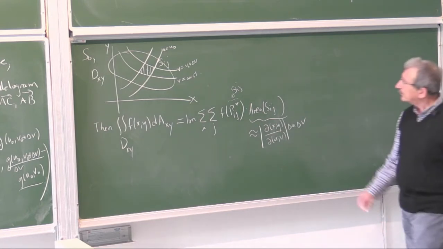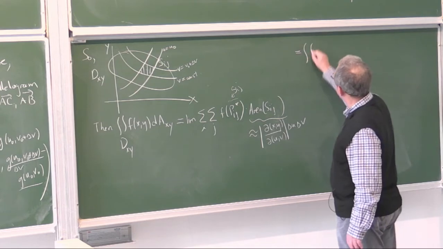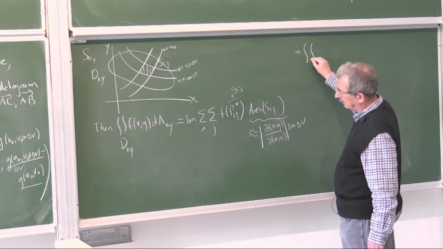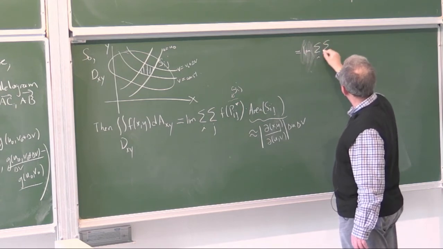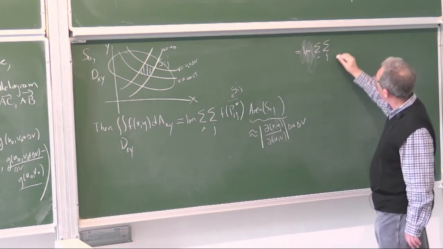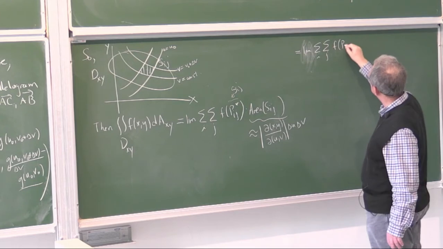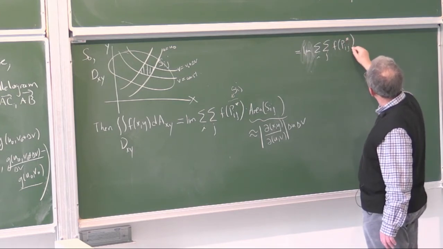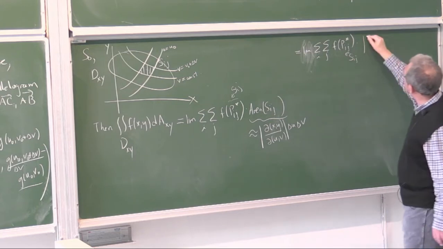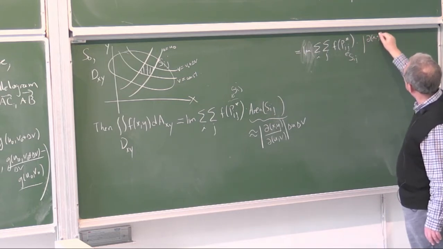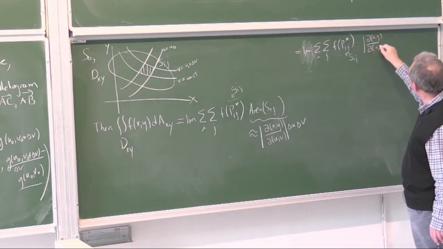So this is the limit over i's and j's of f of Pij star, where this is chosen from Sij, times del xy by del uv.